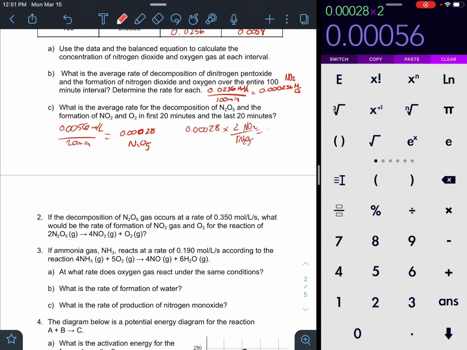So then that's 0.00056. And we could even do the same thing for oxygen, but oxygen is half of it. So that's our NO2. And this one is 0.00014. That's our O2 rate.